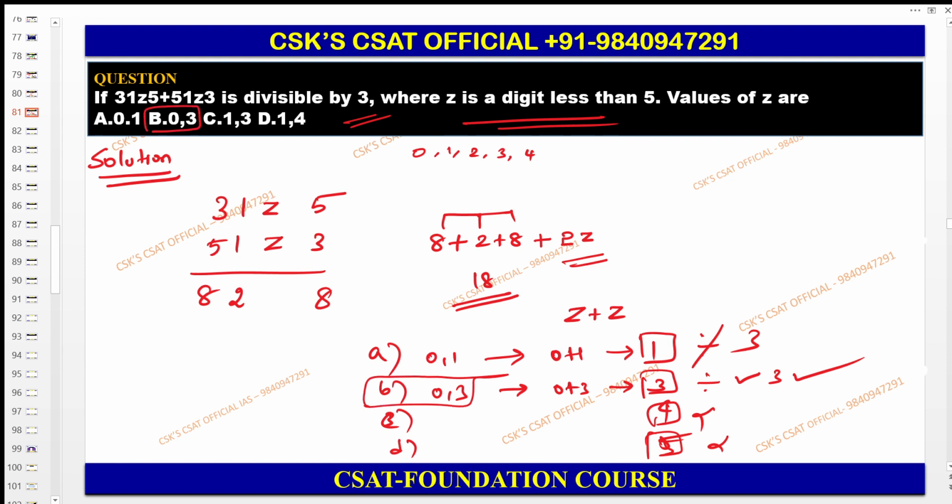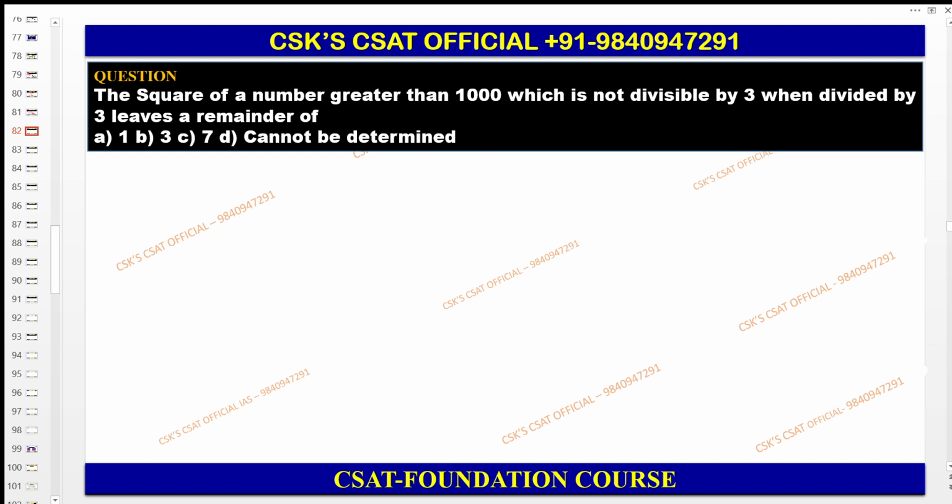I hope it is clear. Now let me give you a next question. Try this one. Try this one before, right? Yes, try this one. Read the question once or twice, then you will get the logic. That's it. Getting the logic is very important.